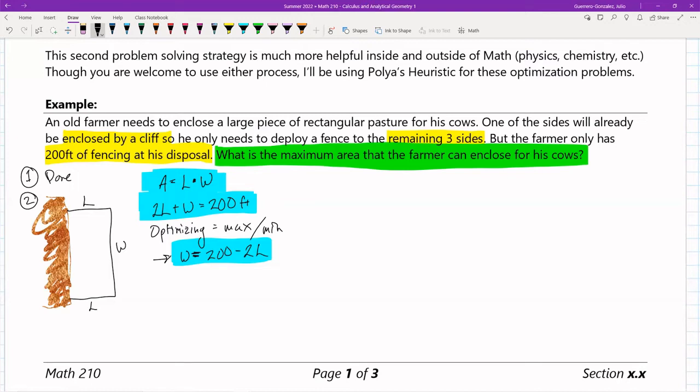Now that we have this, we have a plan that we need to follow. We want to optimize our area based off of this constraint that's been rewritten. Okay. So now is step 3.